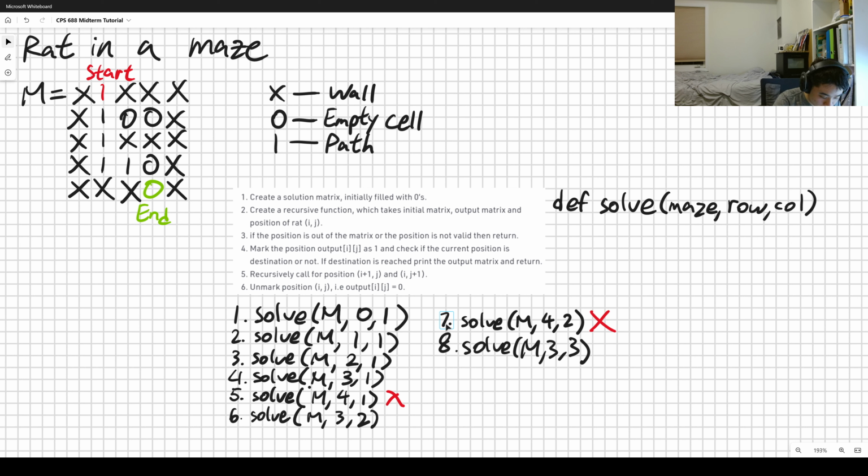So 0, 1, 2, 3, 0, 1, 2, 3, so it's right here. This is all right, so let's change this to a 1. And then we also look down at M43. And guess what? M43 is the goal. So we can mark it as a 1 and we're done.